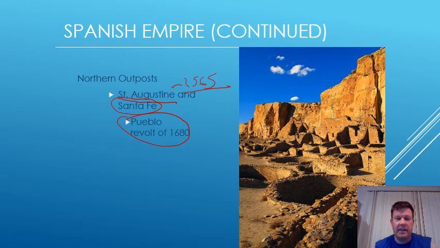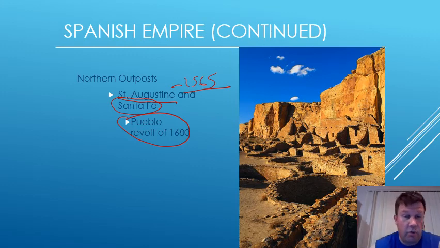In 1680, native peoples who were fed up with raids from other tribes, Apache raiders, decide that they've had it with the Spanish governors that were controlling the region and not taking care of the native peoples that were living there. So they revolt against the Spanish government and overthrow the Spanish government.